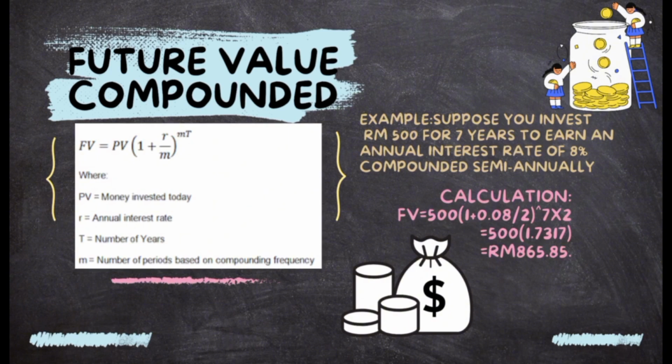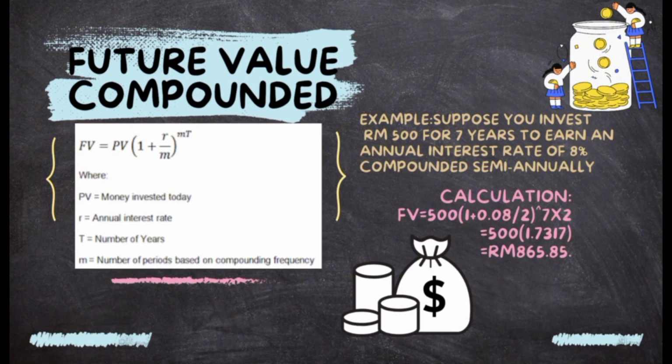So let's look at the example. It says that suppose you invest 500 for 7 years to earn an annual interest rate of 8% compounded semi-annually. So the calculation is future value equals present value, 500, times in brackets 1 plus 8%, which is 0.08, and it says semi-annually, so you need to divide by 2, and then the power of 7 years times 2, which is the semi-annual periods.